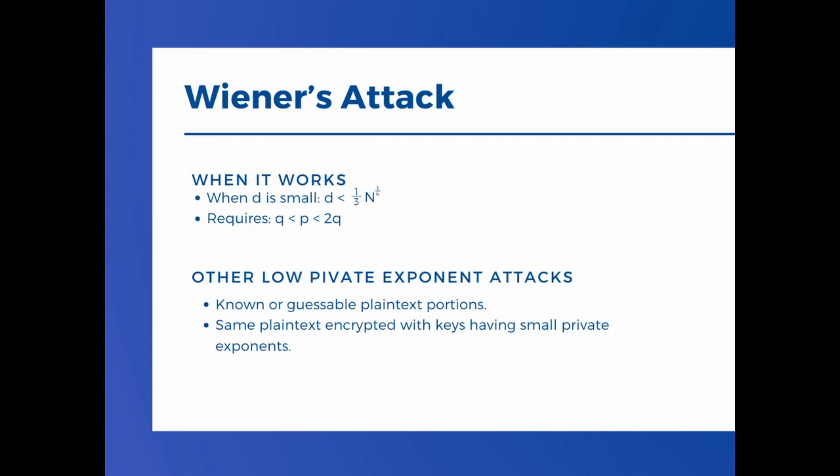This attack is most effective when the private exponent d is small, specifically less than 1/3 of the fourth root of n, and when the primes p and q meet certain conditions. So, if d is low and p and q are closely related, your RSA system is potentially at risk.